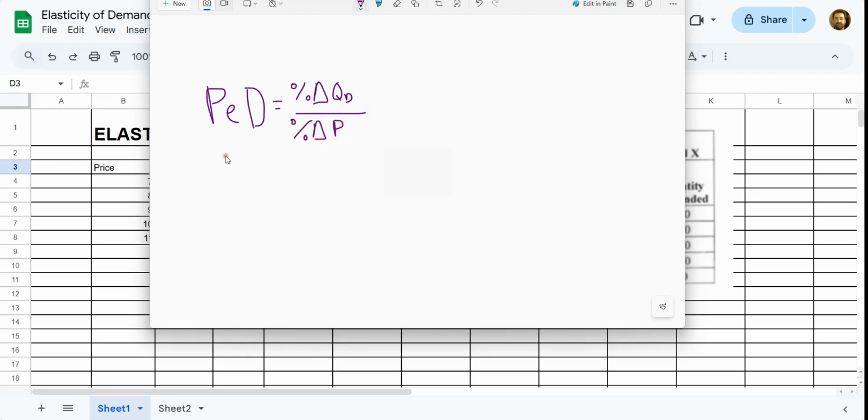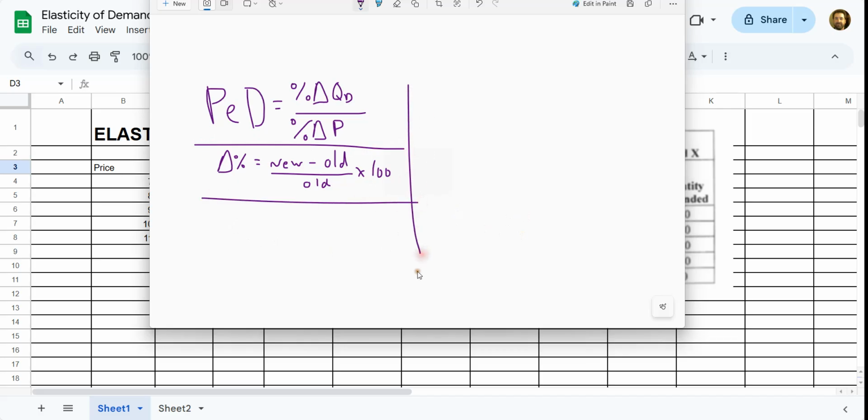Percentage change by itself is the new value, or second value, minus the old value, so new minus old, over old, times 100. That is the traditional way to calculate elasticity.